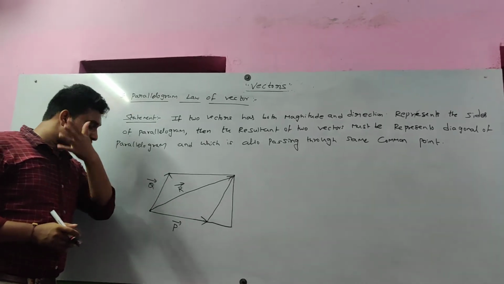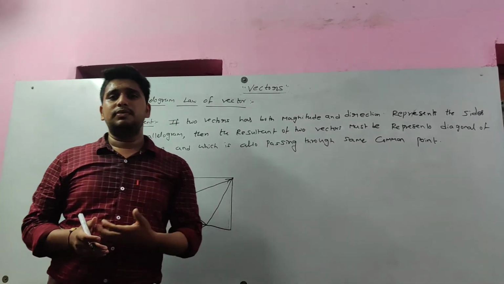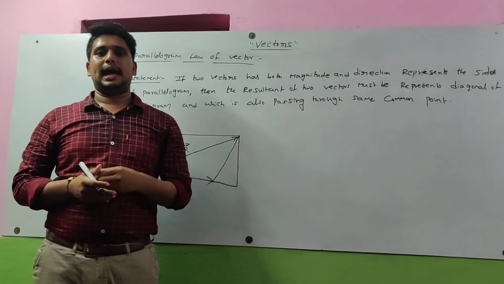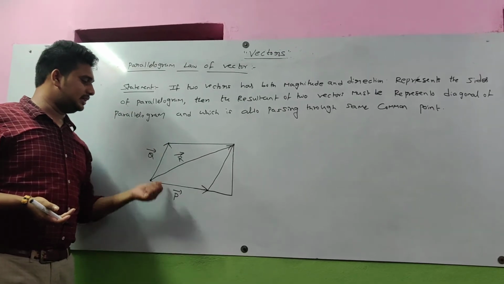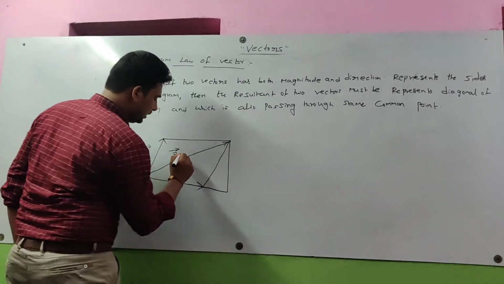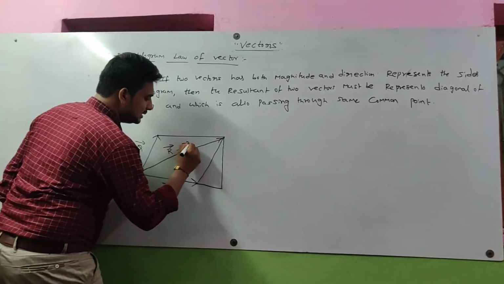So now we know the addition of two vectors has some magnitude. The resultant vector R bar is equal to P bar plus Q bar.